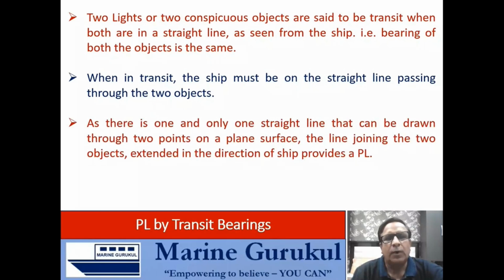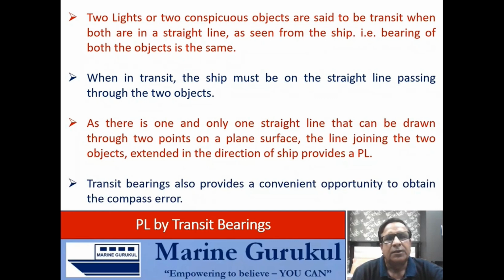As there is one and only one straight line that can be drawn through 2 points on a plane surface, the line joining the two objects extended in the direction of the ship provides a PL to the observer. Transit bearings also provide a convenient opportunity to obtain the compass error.